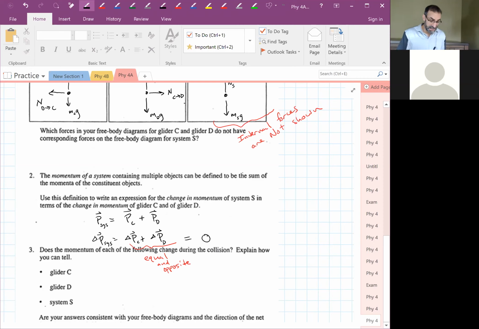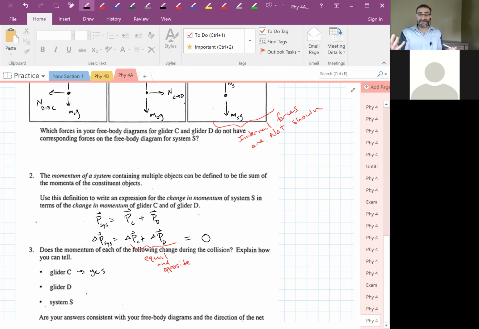Glider C, it says, is the momentum of glider C, does it change during the collision? Yes, right? Glider C comes in, hits, and moves back, so the direction changed.